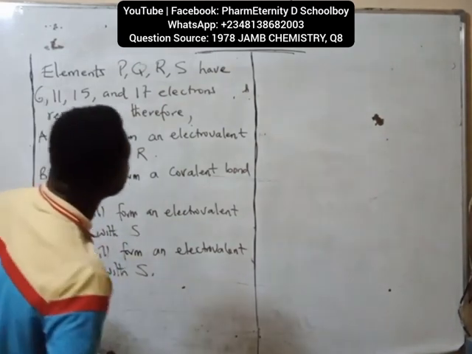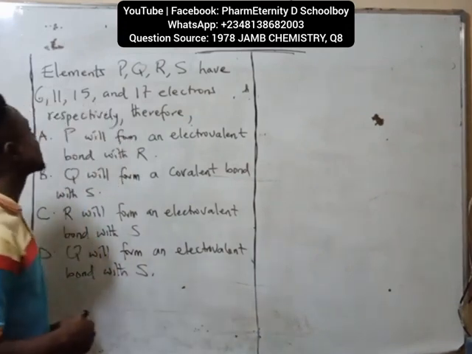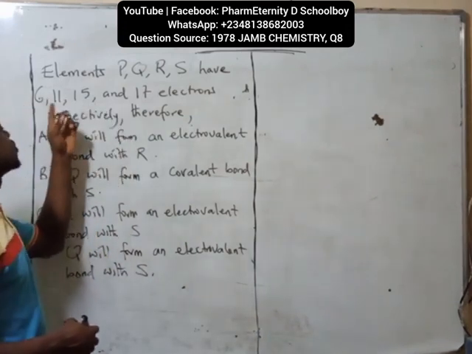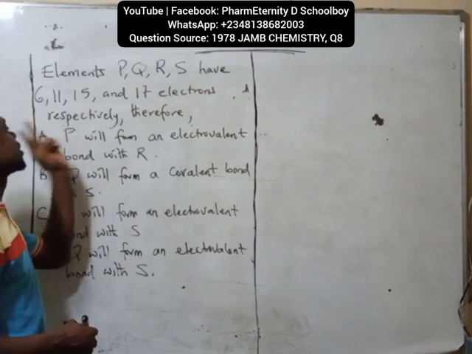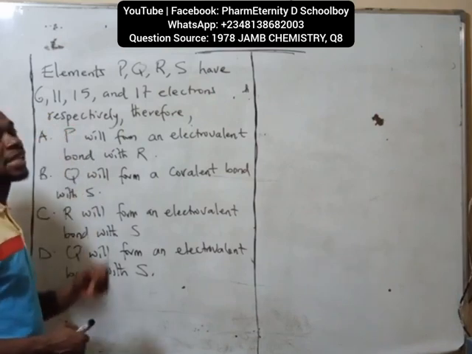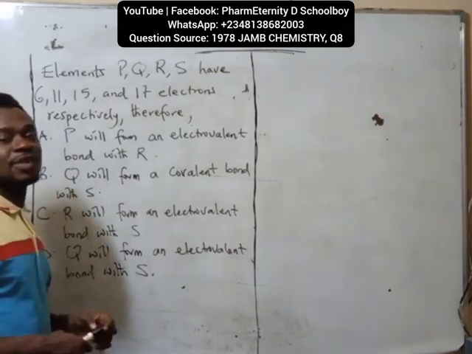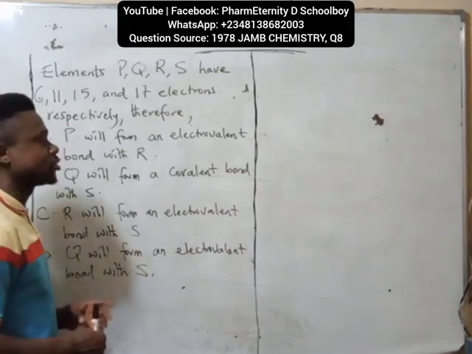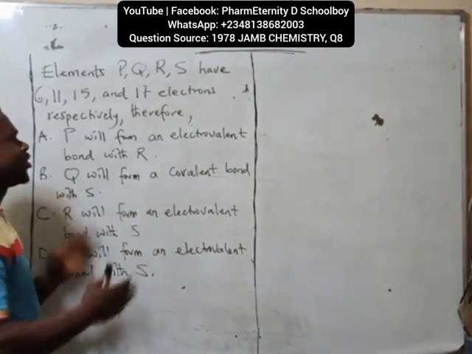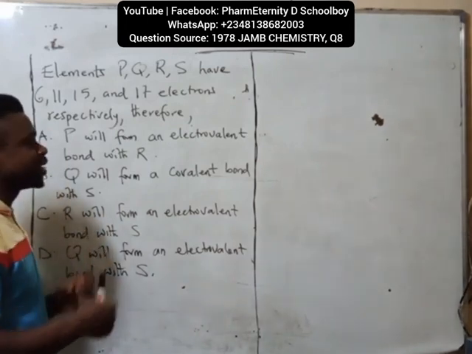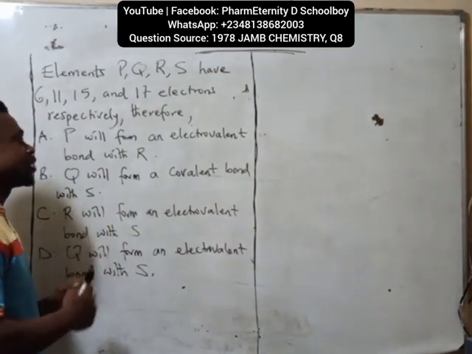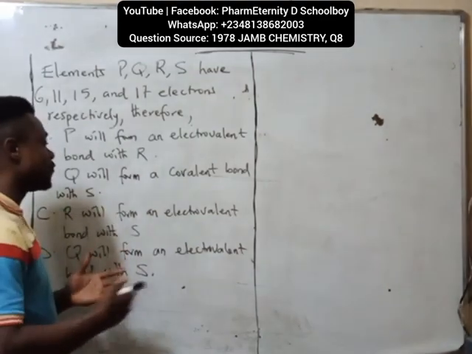For us to solve this question, the first step is to use the number of electrons and establish their respective electronic configuration. If we look at the electronic configuration, then we will know which of them can combine with each other to form any type of bond.